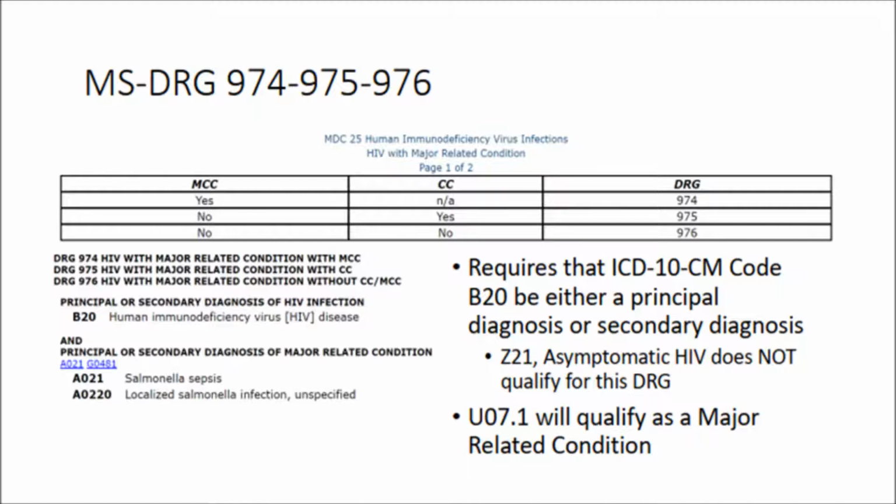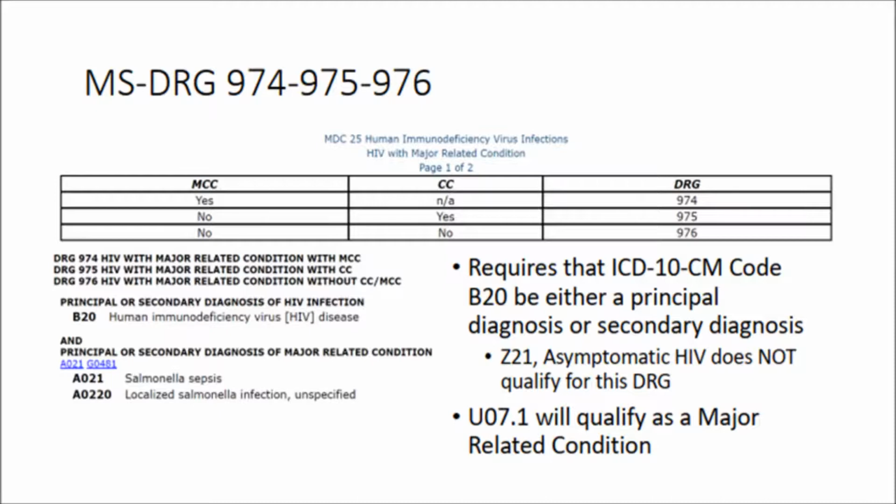Principal or secondary diagnosis of HIV infection: B20, human immunodeficiency virus, HIV, disease. And principal or secondary diagnosis of major related condition: A02.1, G04.81. A02.1, Salmonella sepsis.